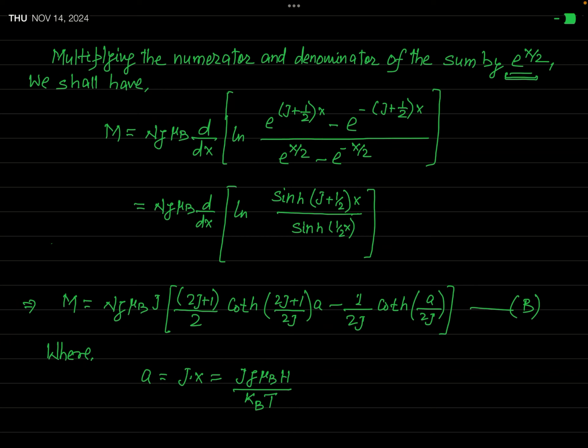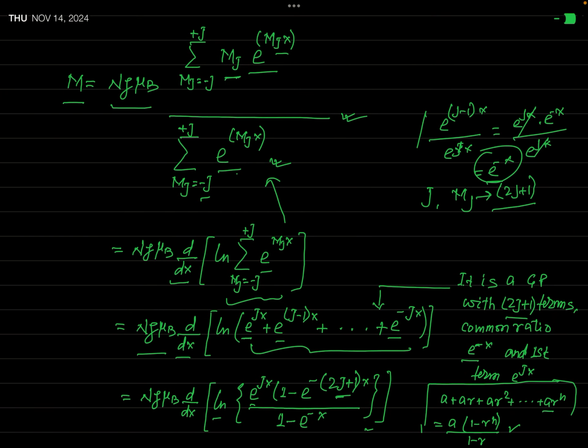Okay. So you can see in this condition M will be N g mu B d/dx log, and this numerator will be multiplied by e to the power x by 2, and this denominator will also be multiplied by e to the power x by 2. You can do the algebra. I am not talking about term to term.